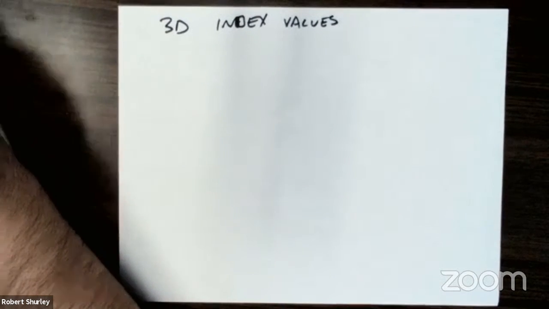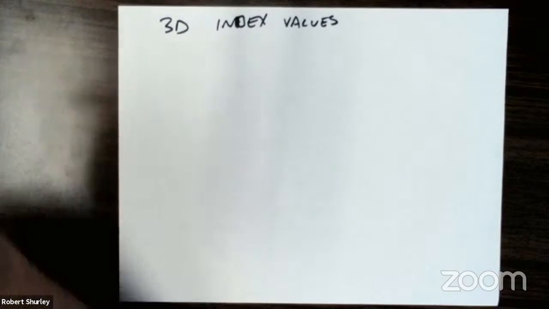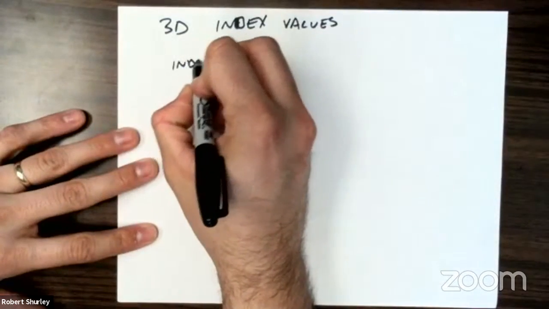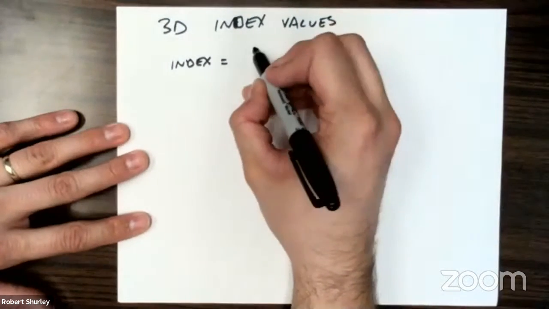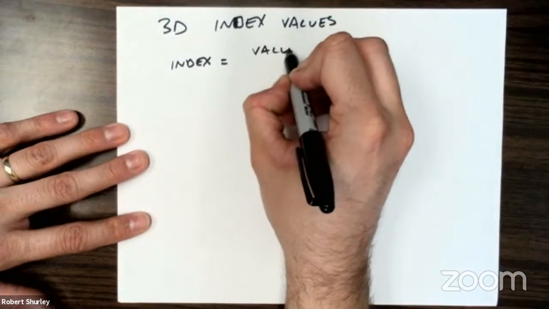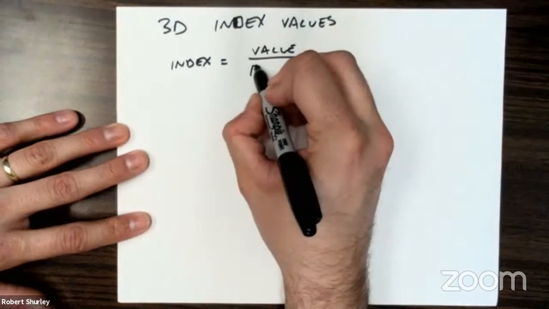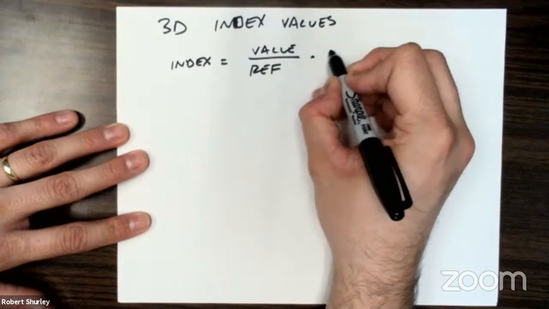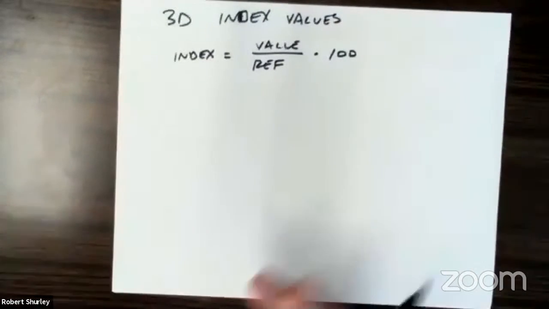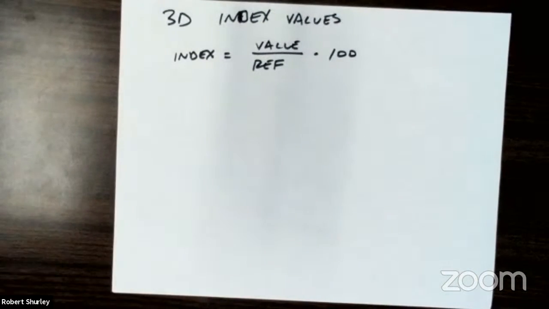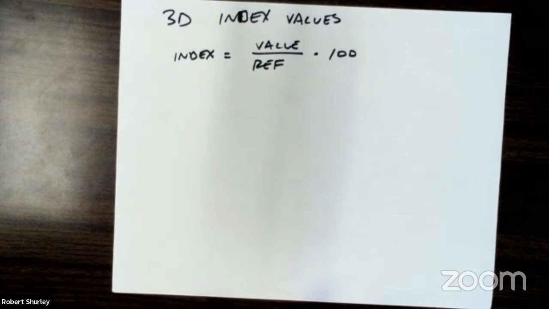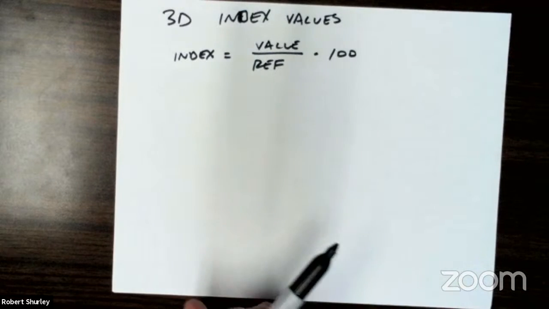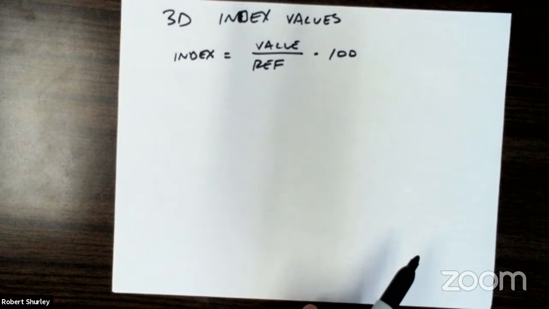The index number for any other time is given by the little formula: the index number is going to equal the value for that year over the reference value times 100. Now the 100 again is a percentile. Note there's no particular rule for rounding index numbers, but in this book they're going to round to the nearest tenth, so we'll stick to that value.